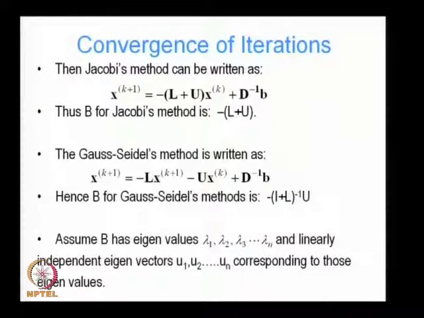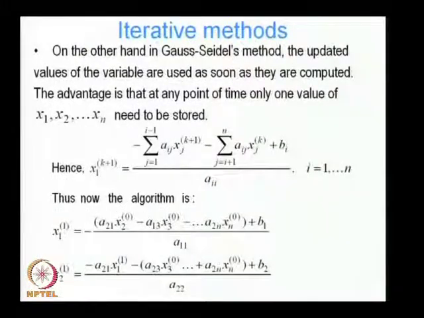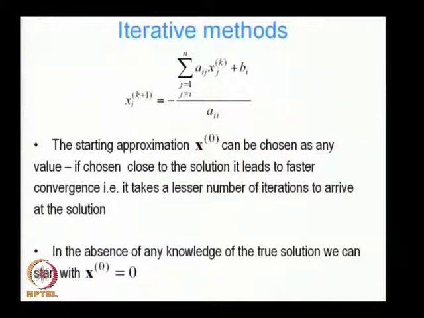So, if we split it like that, then we can write Jacobi's method as x^(k+1) is equal to minus (L plus U) x^k plus D inverse of b. If we go back to the statement of Jacobi's algorithm, you will see that this is true. This is Jacobi's algorithm, right.